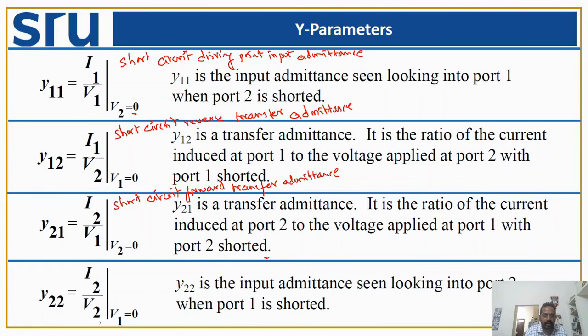Finally, the last one, y22, is known as a short circuit driving point output admittance. It's exciting at the second port and getting the response at the second port itself.